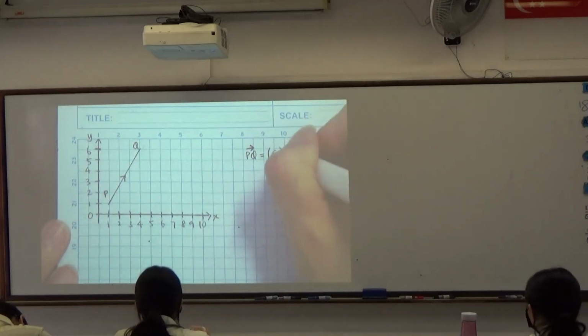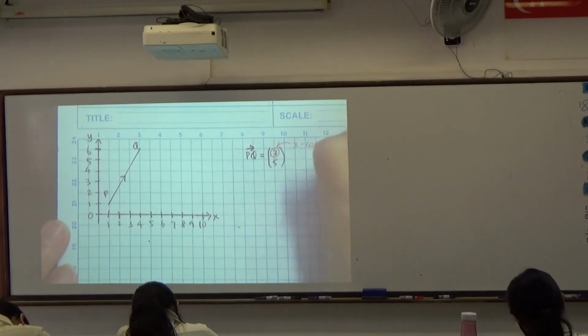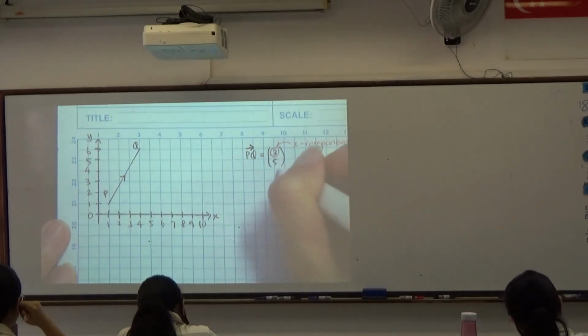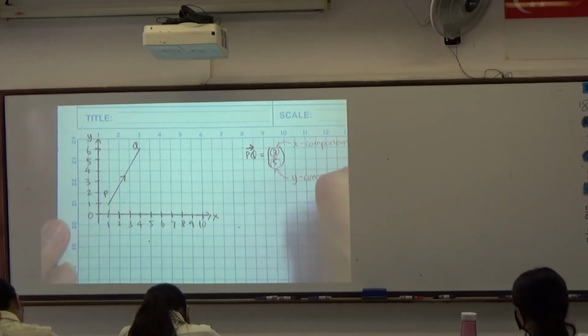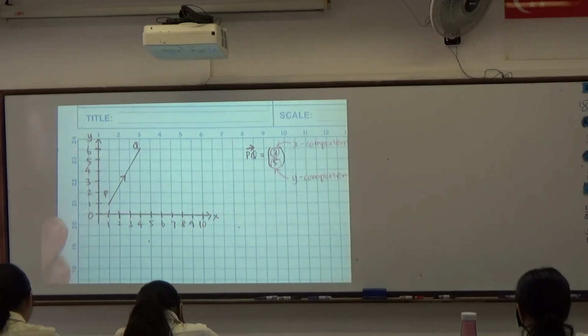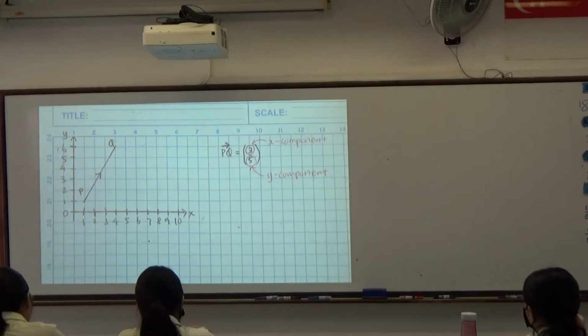This is the x component, and this is the y component. The numbers found inside a vector, we call them components, we don't call them elements. For matrices, we call them elements.